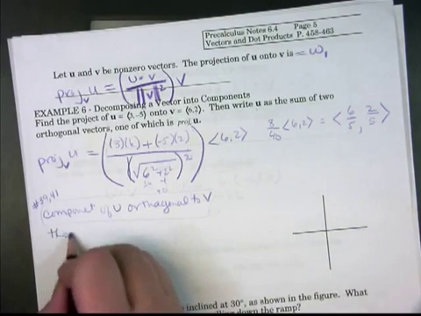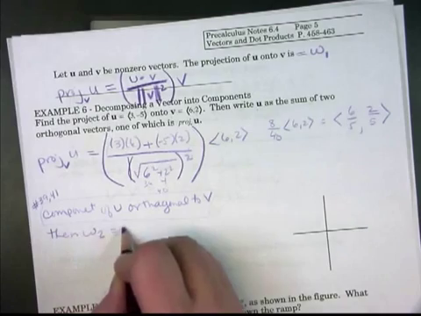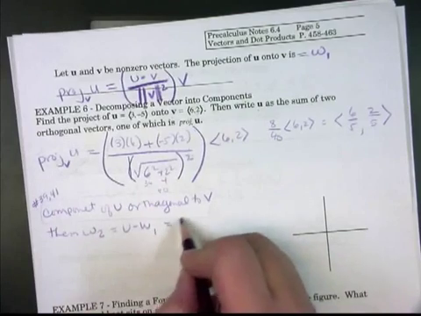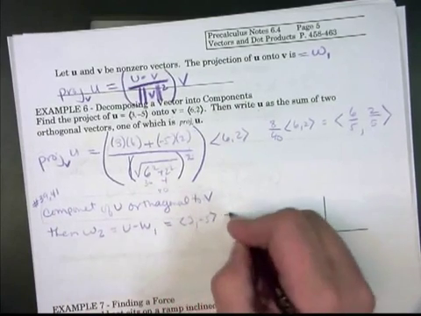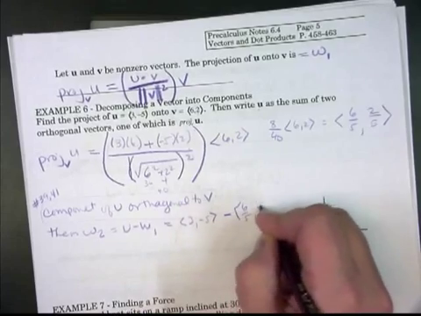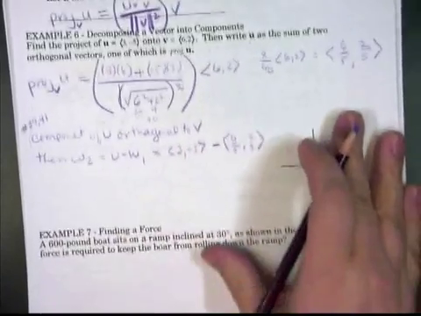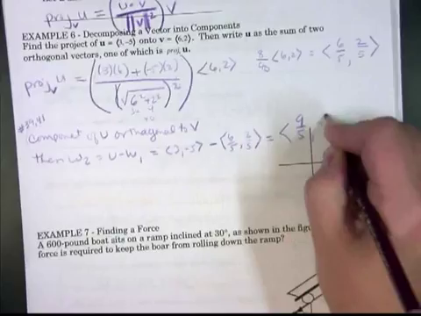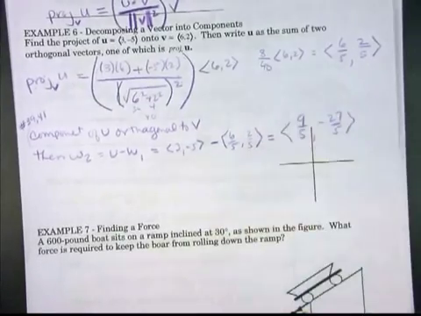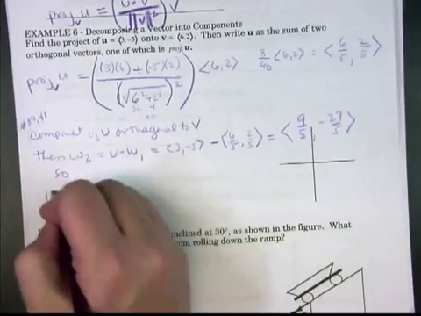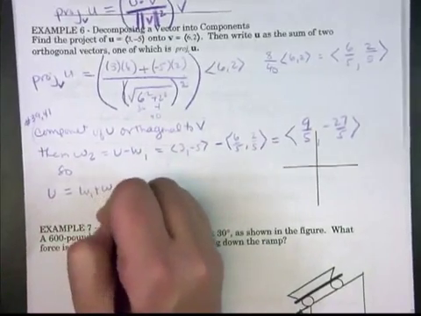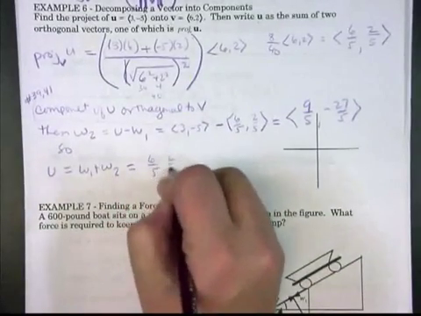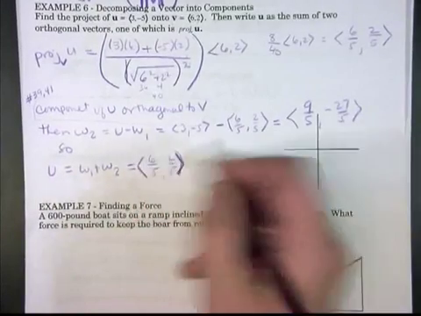So now, let's see. We're going to find w2 as u minus w1. And we know w1 because w1 is the projection. So we get 3, negative 5, subtract 6/5, 2/5, which is the same as 9/5 and negative 27/5. So u then is w1 plus w2, which is 6/5, 2/5, plus 9/5, negative 27/5, and this is just a proof.